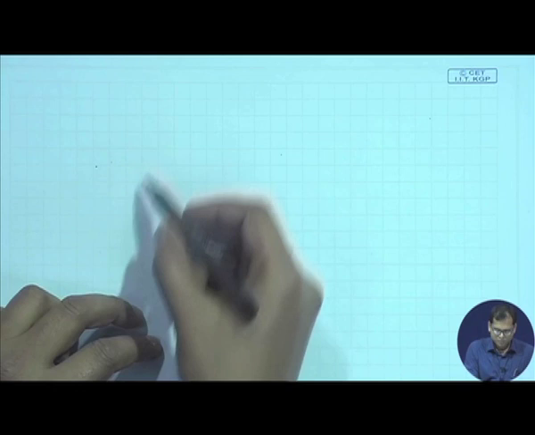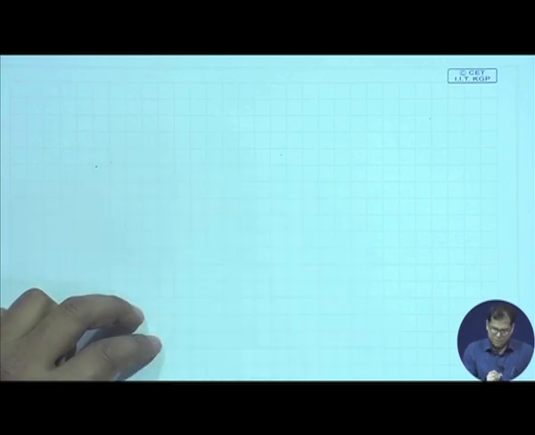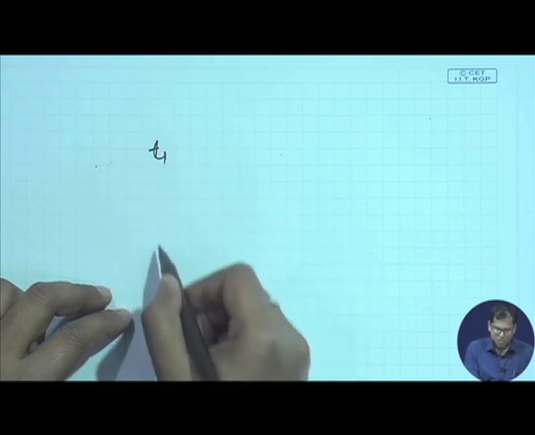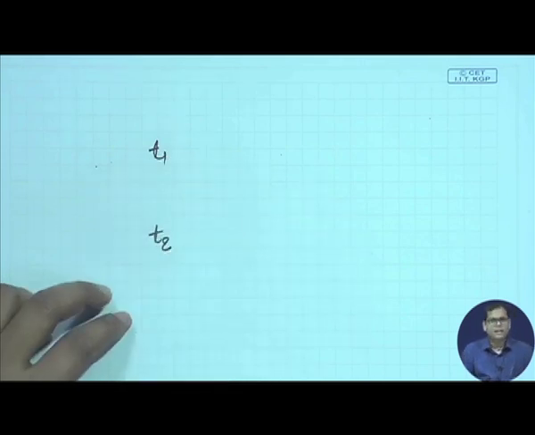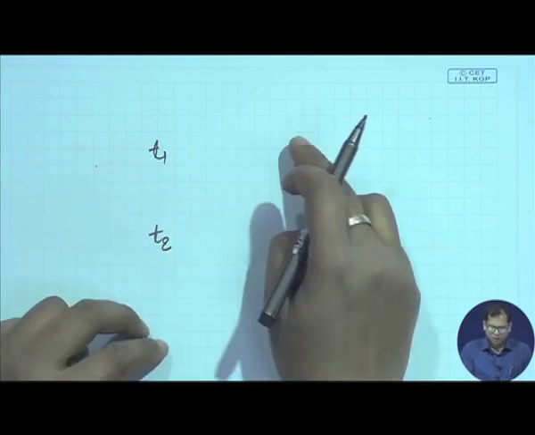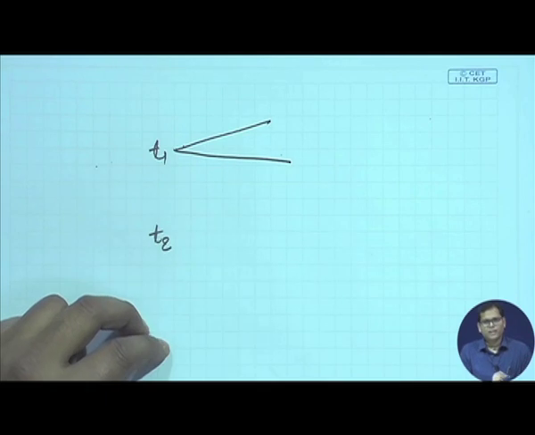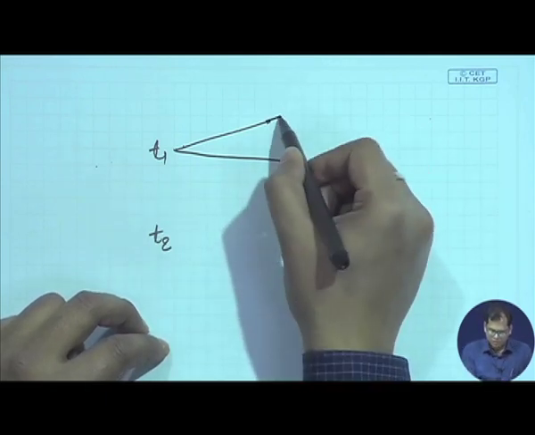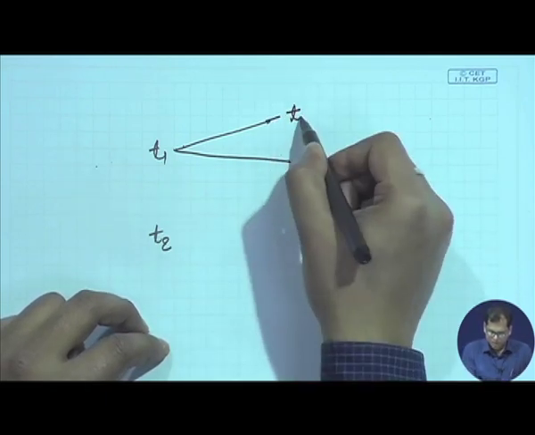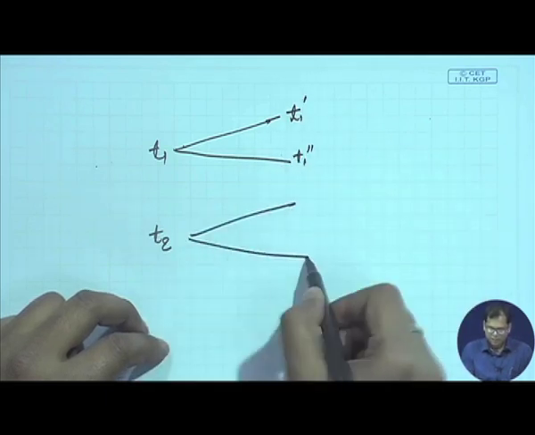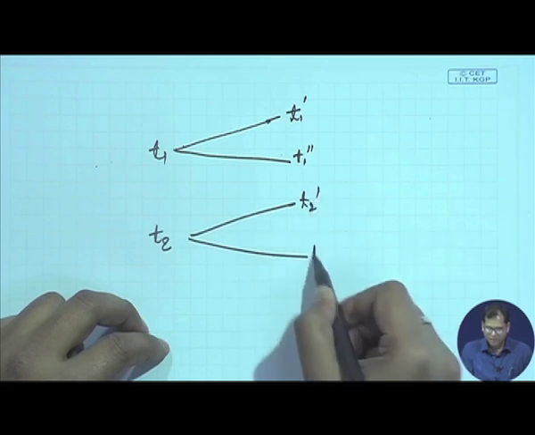So, suppose in your maximum entropy model, you are having a tag T1 and tag T2 at any given point. Now, next point, suppose from T1 you can go to 2 different tags, T1 prime and T1 double prime, and from T2 again you can go to T2 prime, T2 double prime.